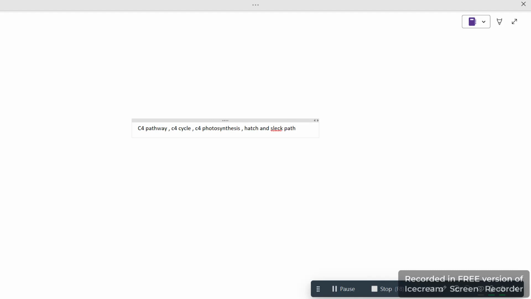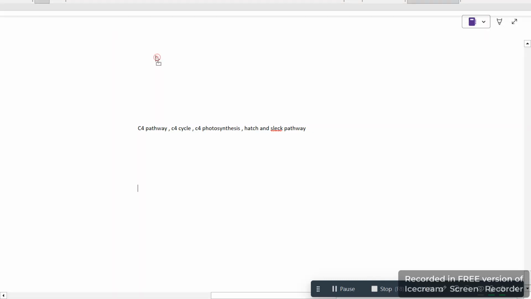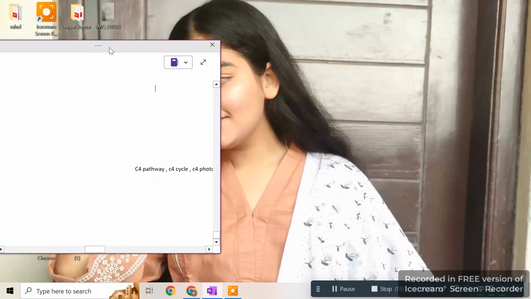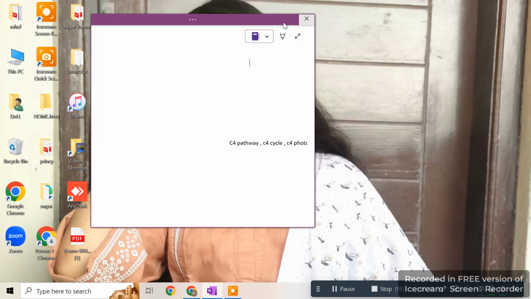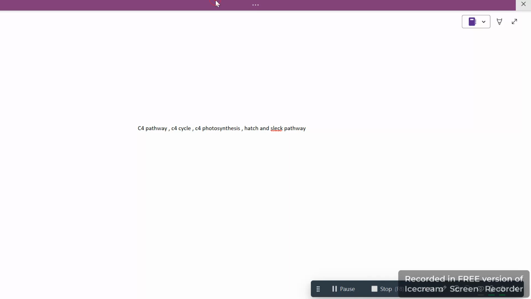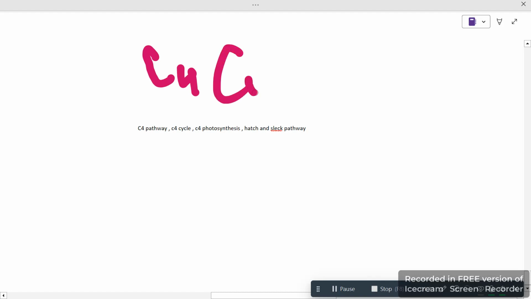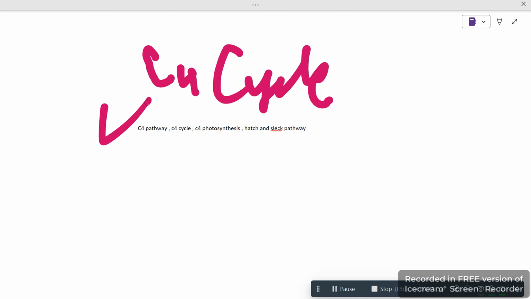This means these were the scientists who introduced it, so don't get confused about where we get these names. Okay, these are the names.